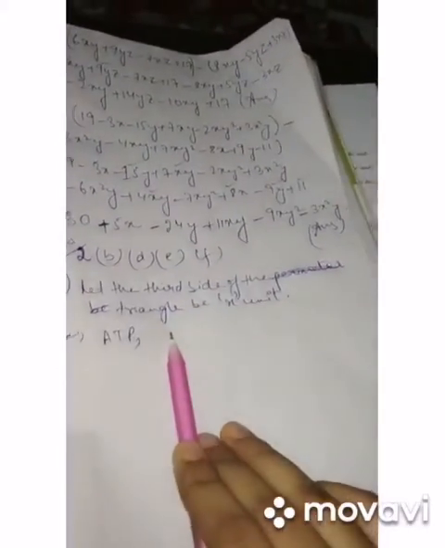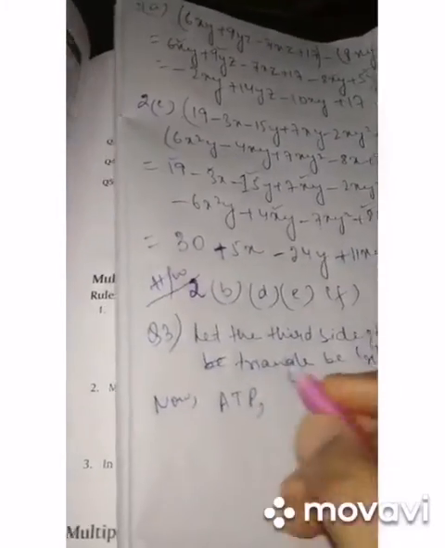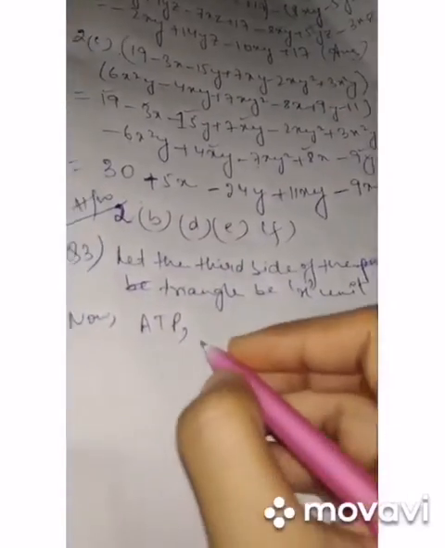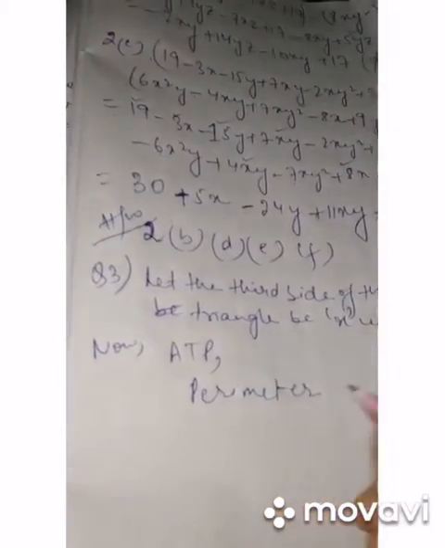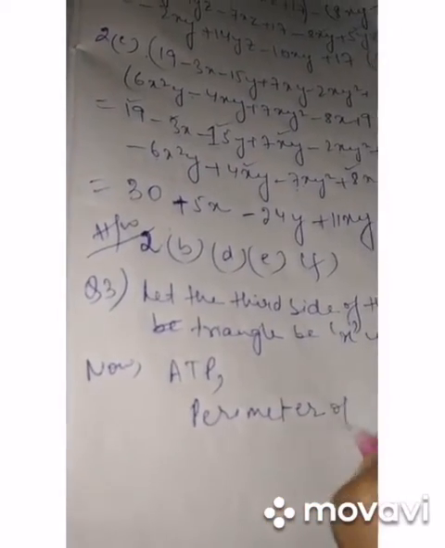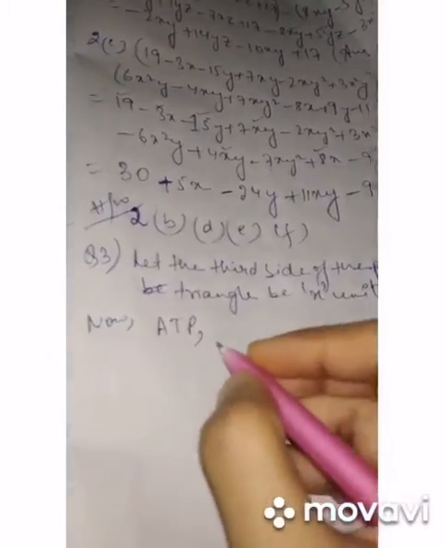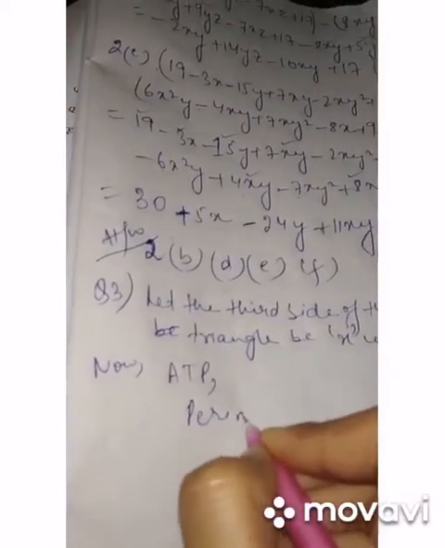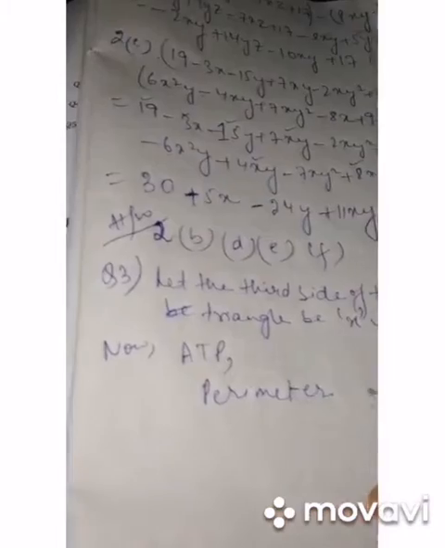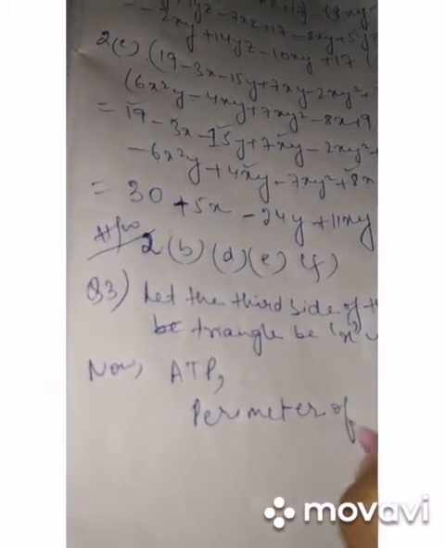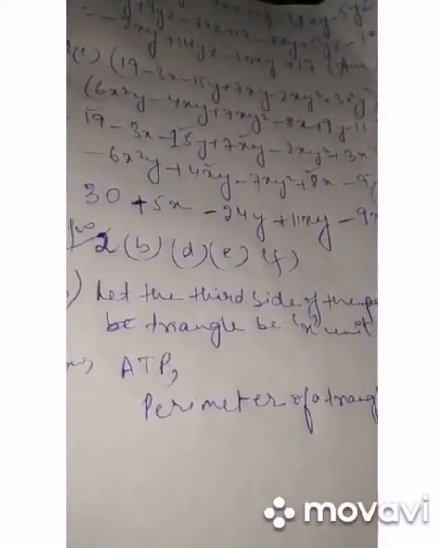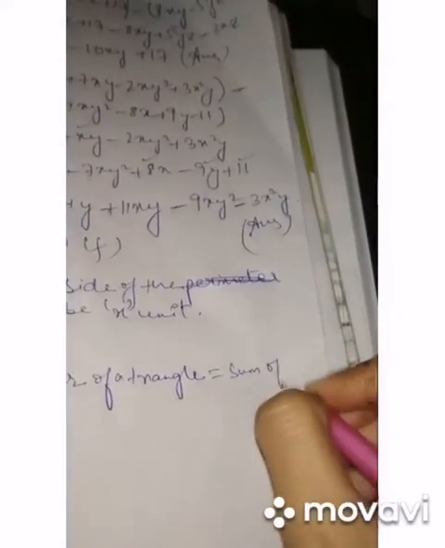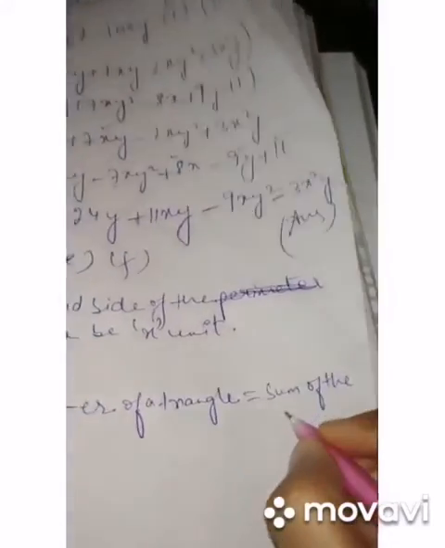Now, according to the problem, we know that the perimeter of a triangle, the formula of the perimeter of a triangle is the sum of the sides.